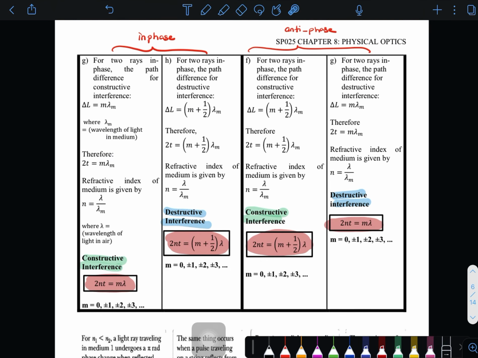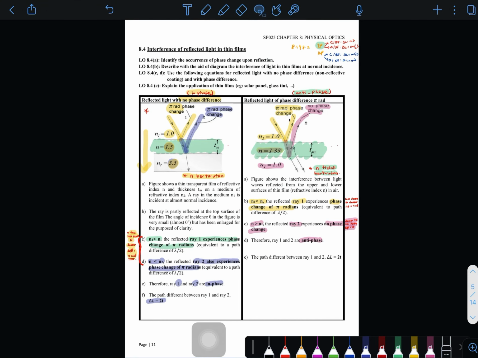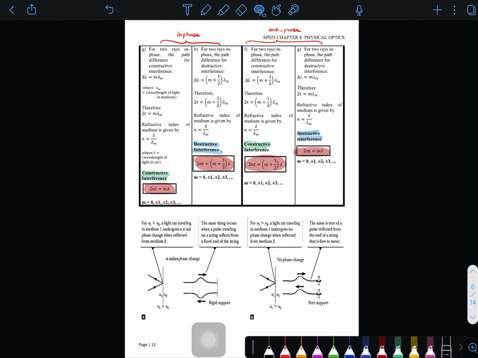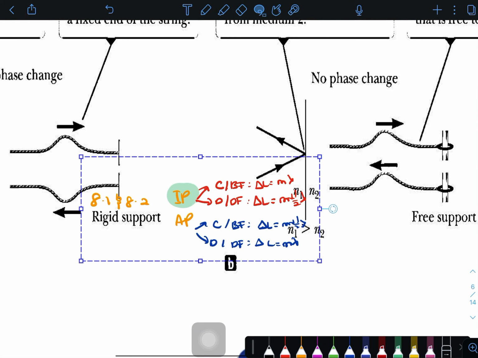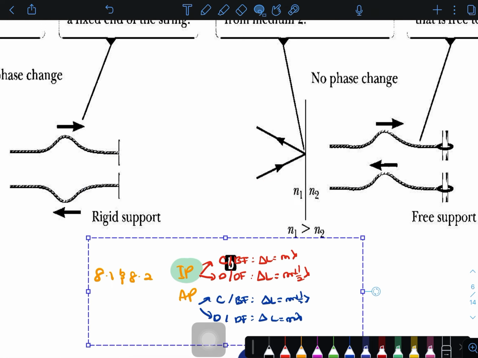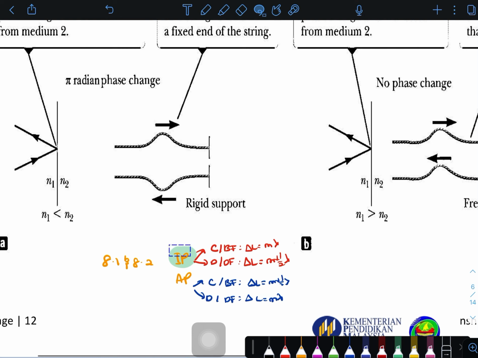And for the equation, if the light is in phase and dia constructive, okay, macam yang saya tulis kat sini tadi. Kalau dia in phase dan dia konstruktif, dia akan jadi delta L M lambda.